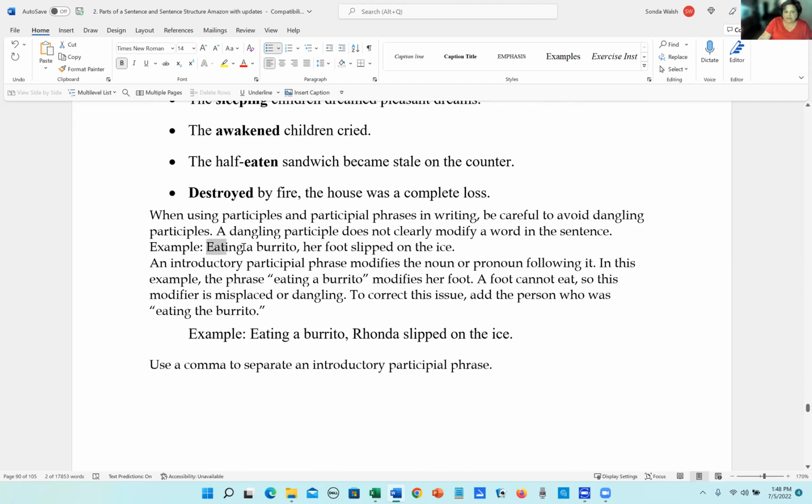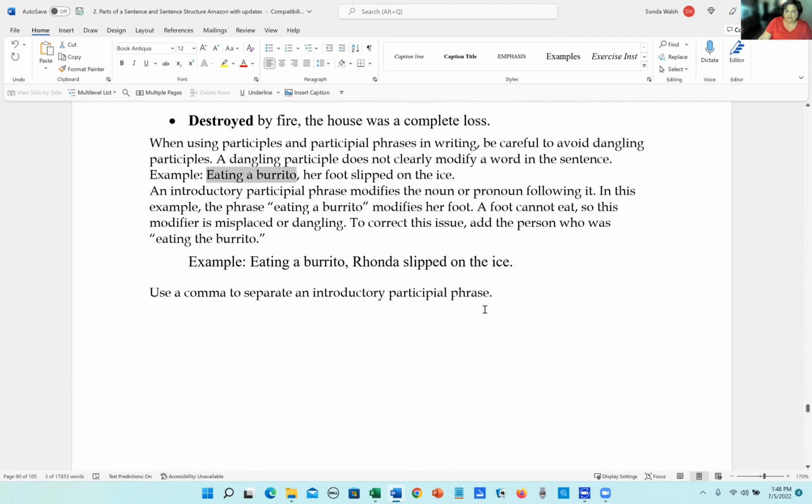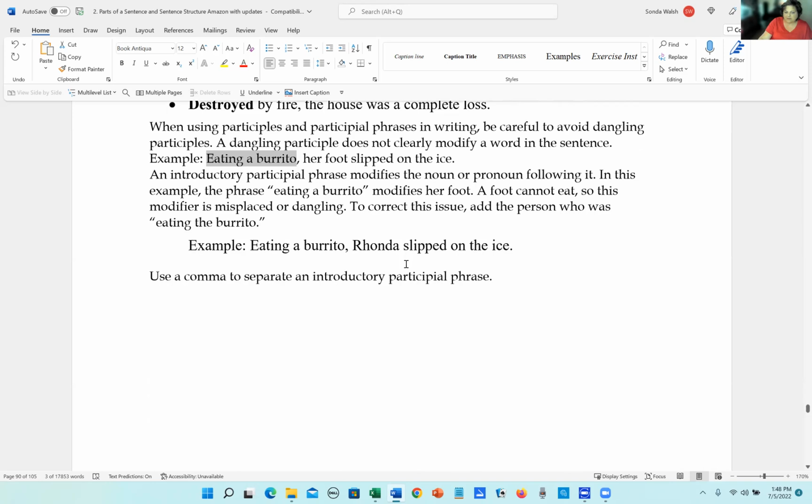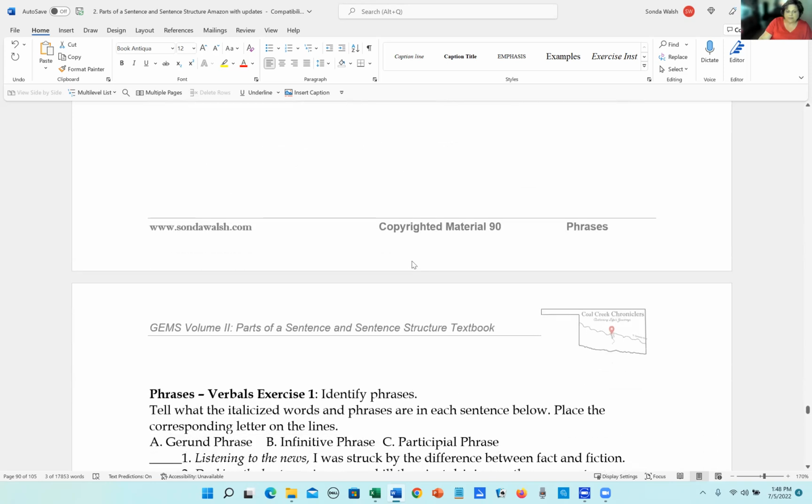Because of the location of eating a burrito, it looks like it's modifying her foot, which would indicate that her foot was eating the burrito, which we know is impossible, but it makes it kind of funny. So you would want to correct that and say, "Eating a burrito, Rhonda slipped on the ice." And then our rule on this is you use a comma for any introductory element. Anything that comes before the subject, normally you would use a comma.